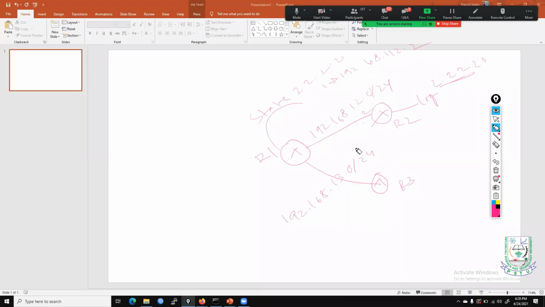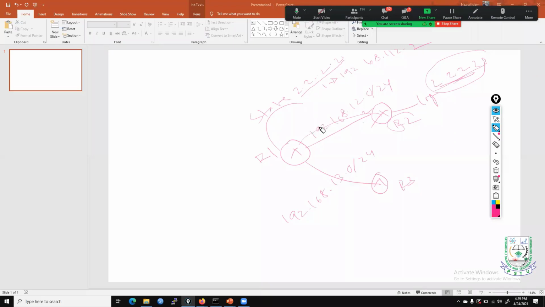When R2 is sending a request to R1 using the loopback address, R1 matches that entry. Does it match the routing table entry? Yes, because the router has a route to reach the loopback address. So it matches the first criteria.